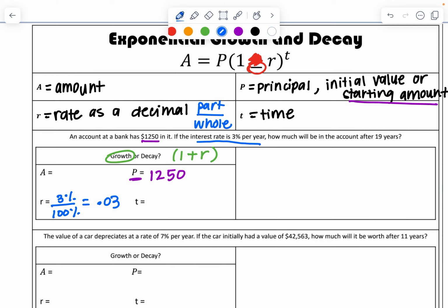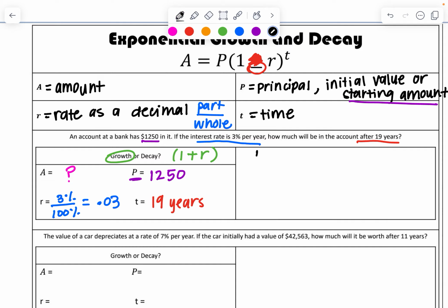And I'm going to need my time, which says how much will be in the account after 19 years. So my goal is to figure out what exactly is A. I know that it's a growth situation because I have my bank account growing at 3%, and the goal is to figure out what's happening after 19 years.